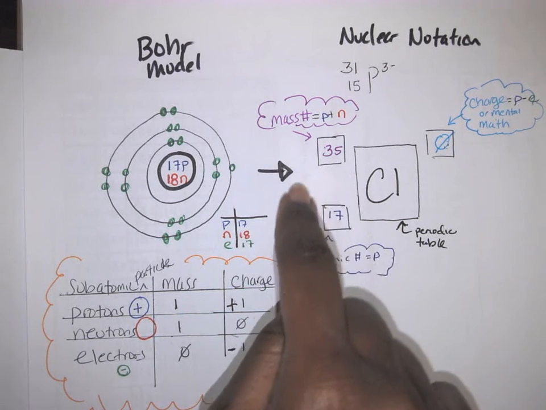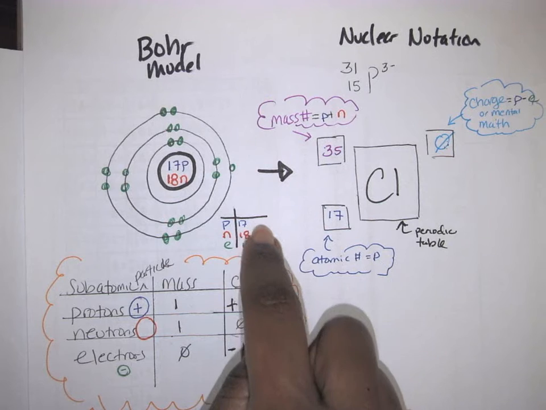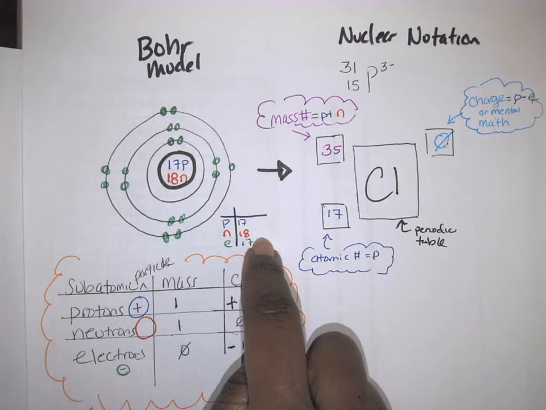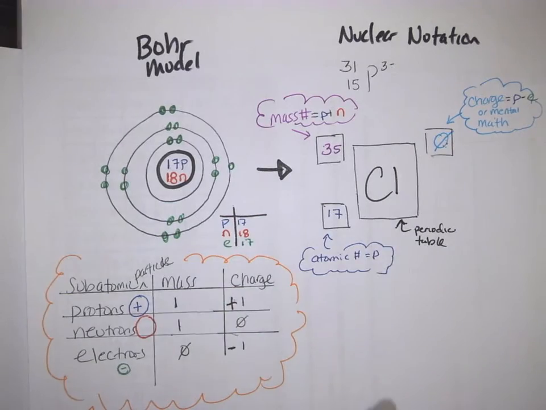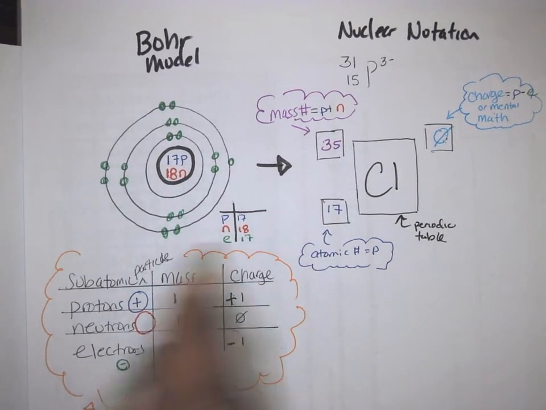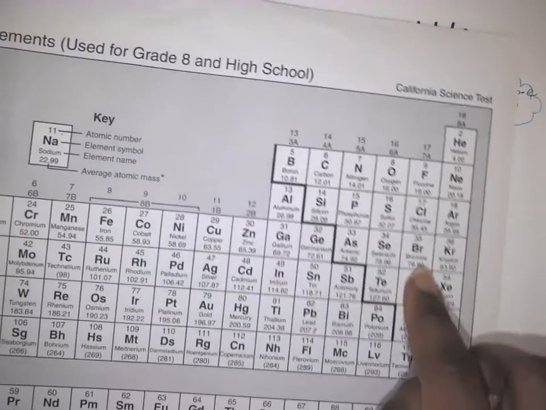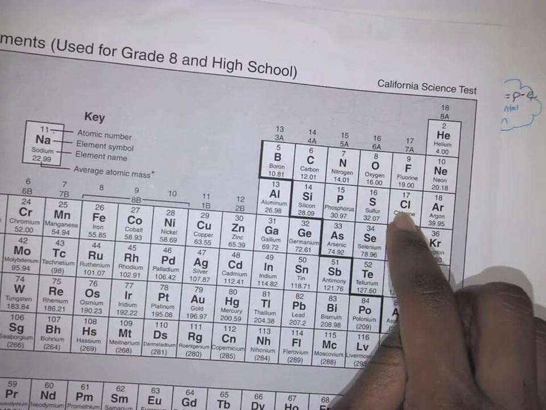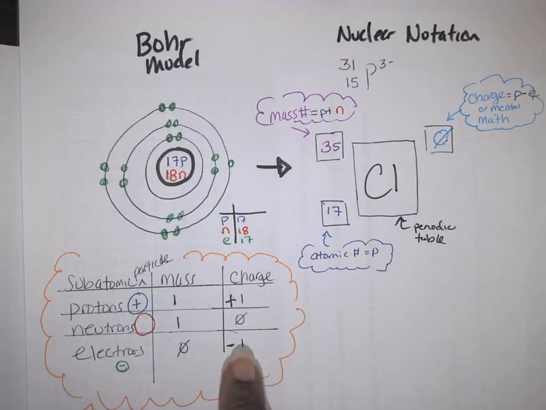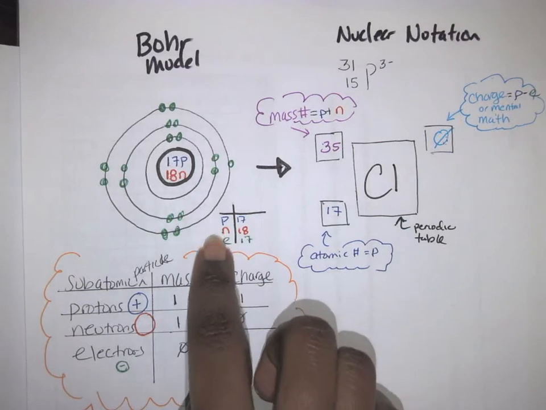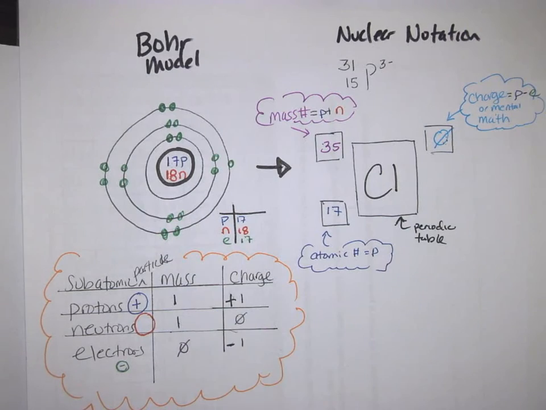For the upper left number, which is the mass number, you add the protons and the neutrons. To get the symbol that goes in the middle, you use the atomic number and look on the periodic table for the element that has that atomic number. And then for the charge, you're going to use your protons and electrons, since those are the only two with charges.